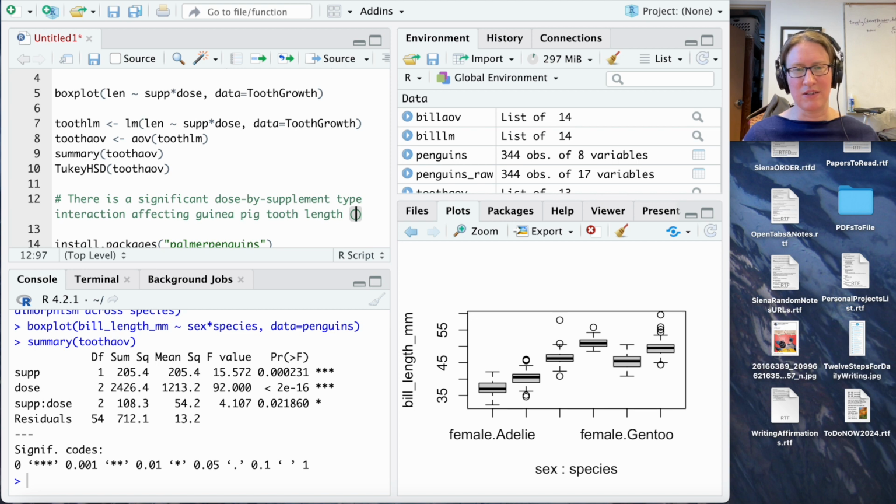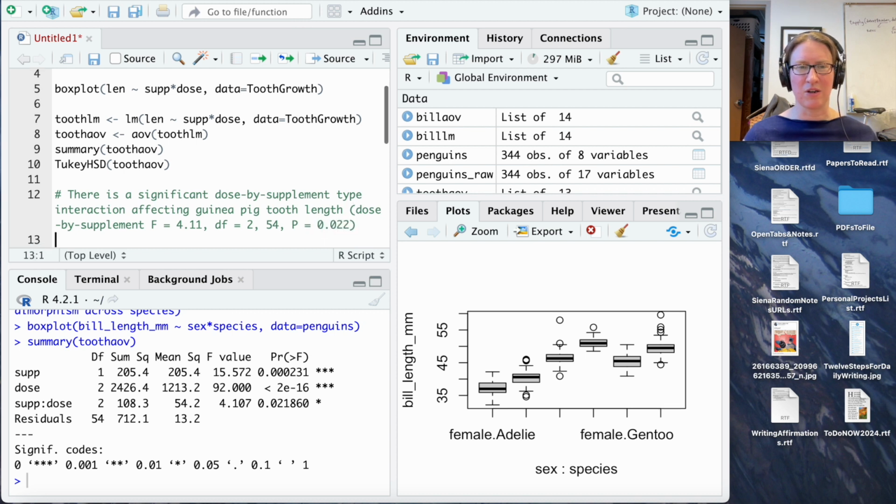So in parentheses, dose by supplement, F equals 4.11, degrees of freedom are 254, my P is 0.022. Okay, so that's how I'd characterize that specifically.